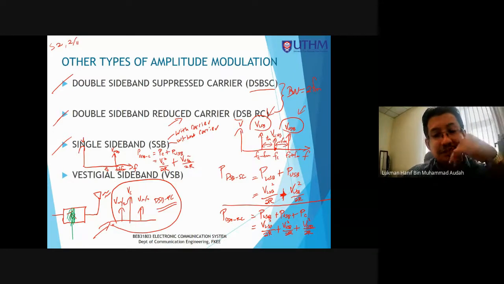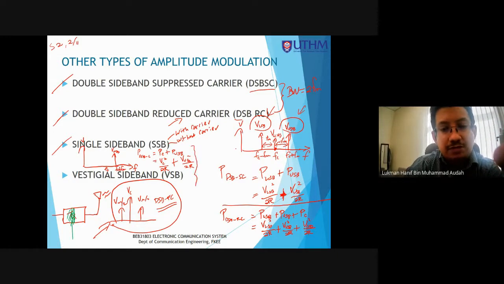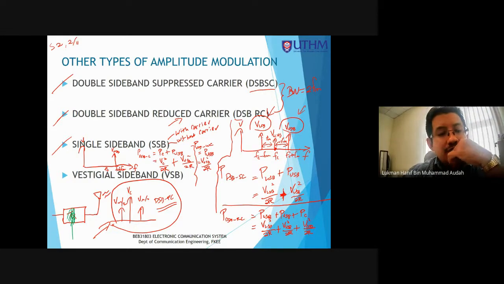So in this case the total power has only one component, which is PUSB. The power without carrier is equal to PUSB in my example. So this is equal to VUSB squared divided by 2R. So this is about our calculation.